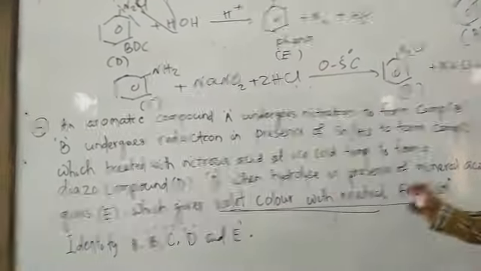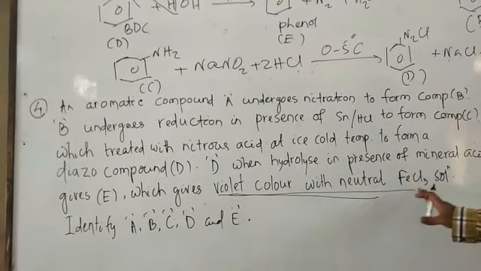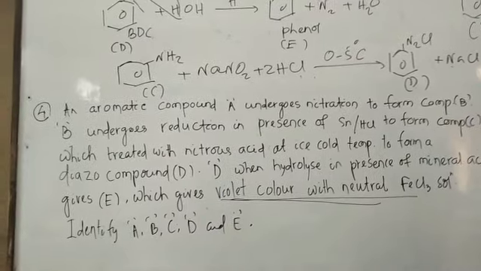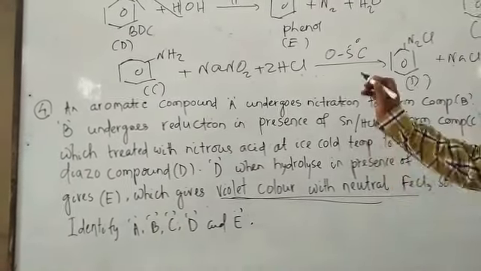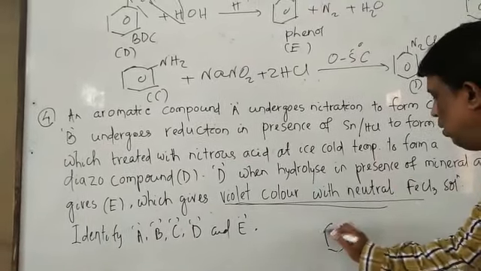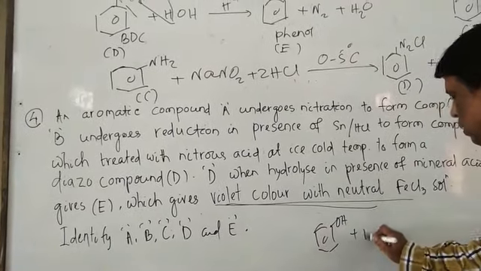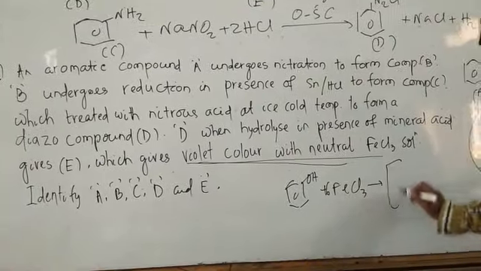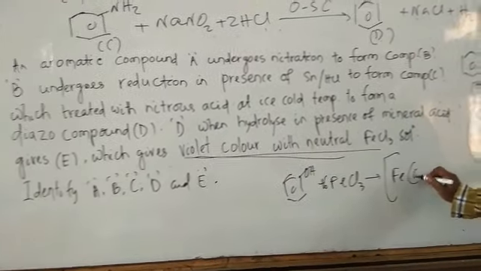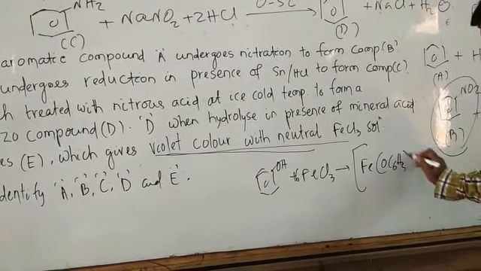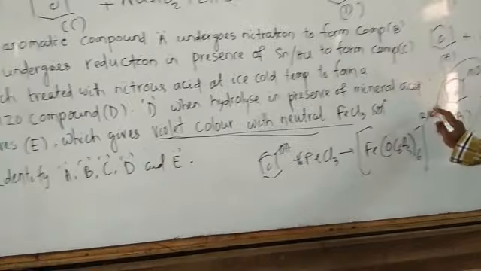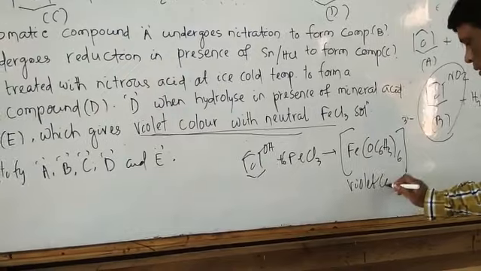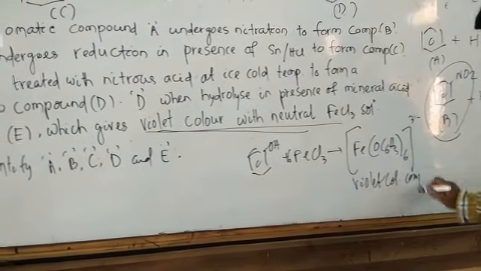And the last one is phenol reacts with neutral ferric chloride solution, and a violet color complex is formed. So mark how phenol, when treated with neutral ferric chloride solution, forms a violet color complex.